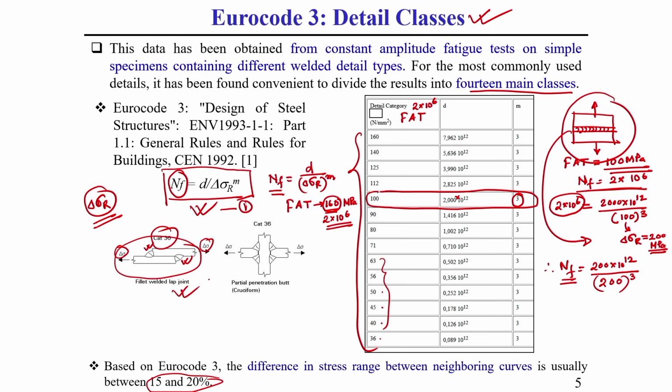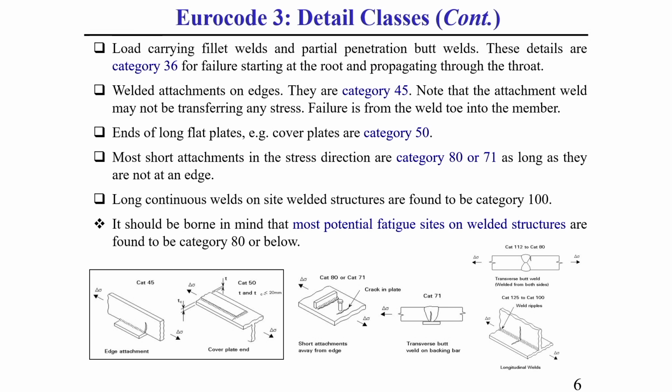Similar types, what happens when we consider category 45. In category 45, generally an edge attachment is there. So this is a specimen, and there is an attachment of another specimen, and here the welding is done.